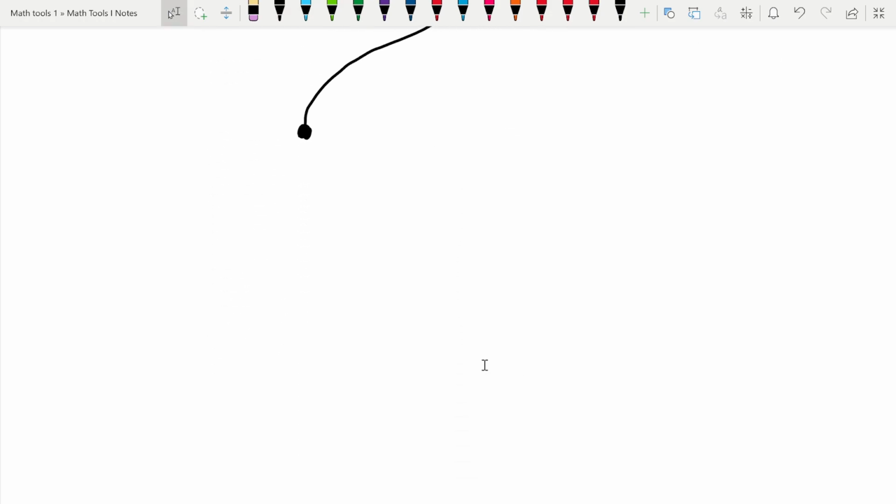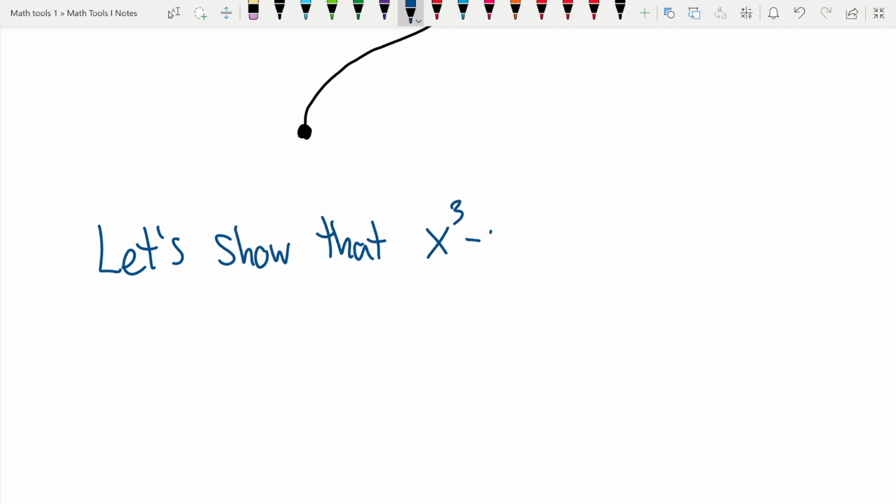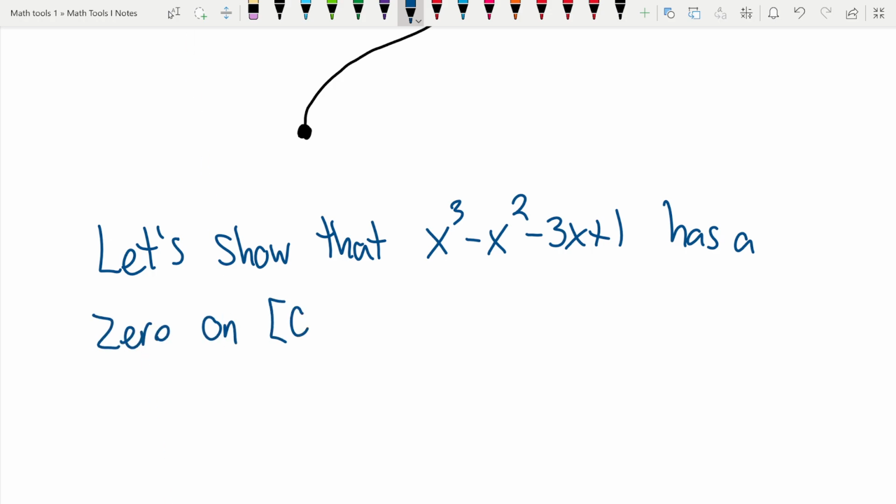So for example, let's show that x cubed minus x squared minus 3x plus 1 has a 0 on the interval [0, 1]. Okay.